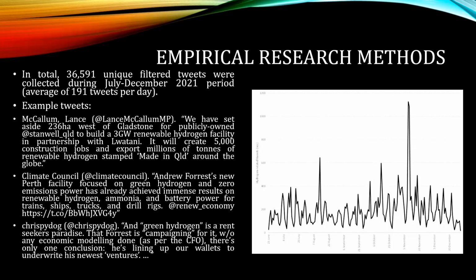To late 2021. So it's interesting here to look at the right-hand side diagram. These are the number of tweets that were collected on a daily basis, and you'll see a big spike towards the latter part of 2021.